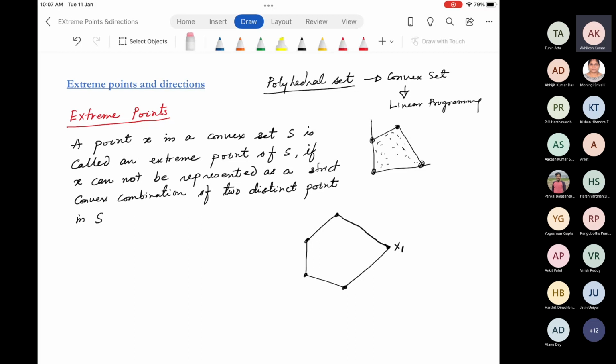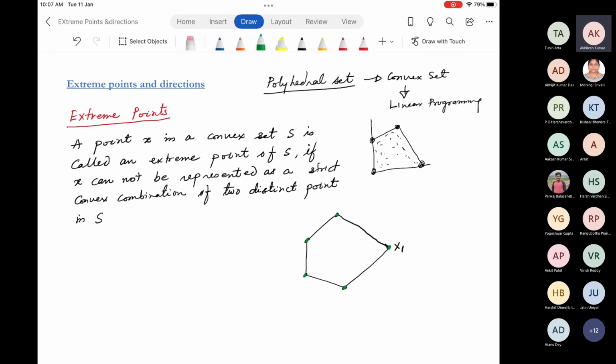So this point x1, can it be represented as a convex combination of two points? No, sir. All the extreme points cannot be.